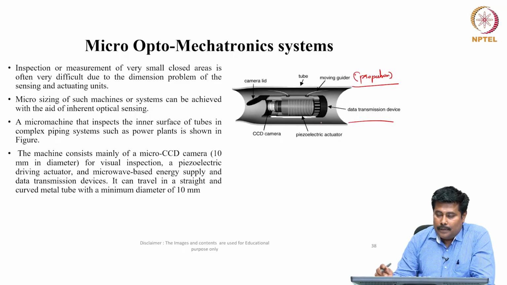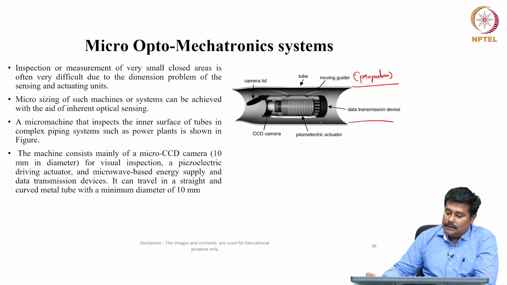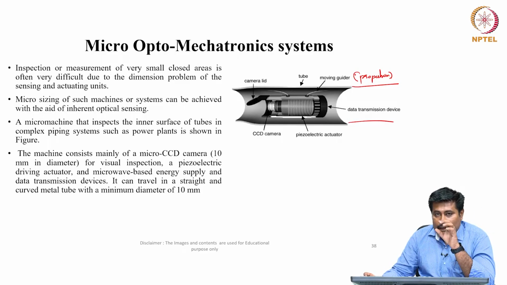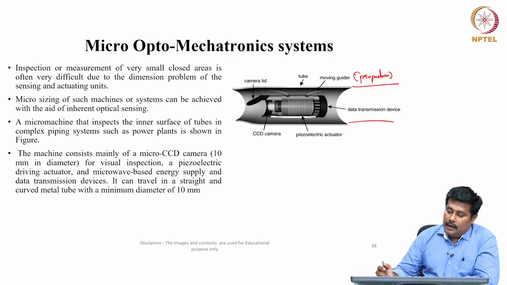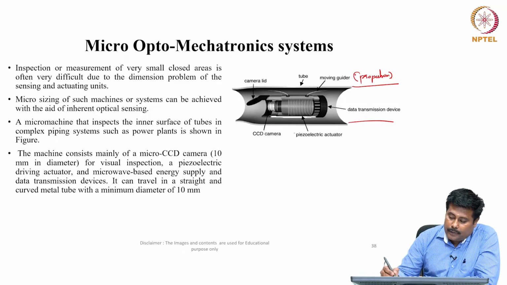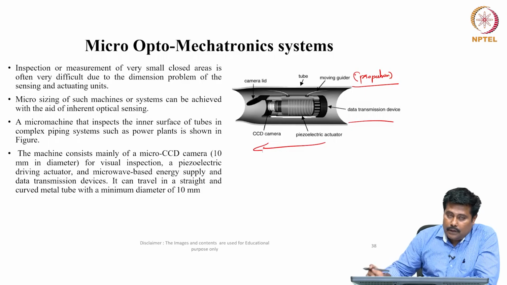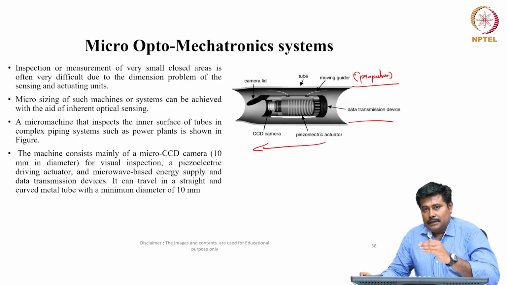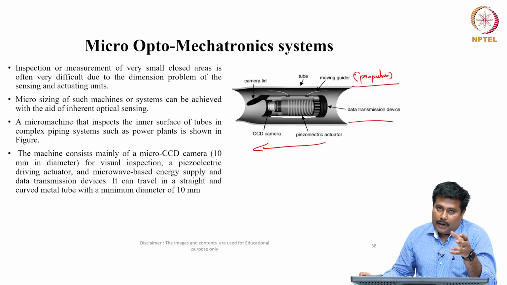Now, what happens is that these piezoelectric actuators are deployed in this tubing structure, and by giving an appropriate propulsion to the system, the movement of the piezoelectric actuators is monitored and appropriately captured.